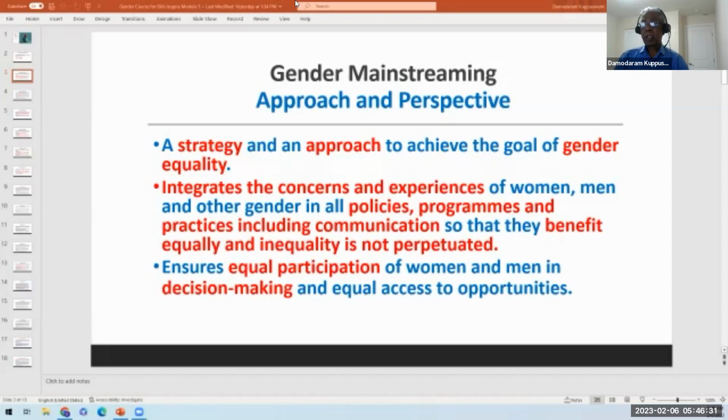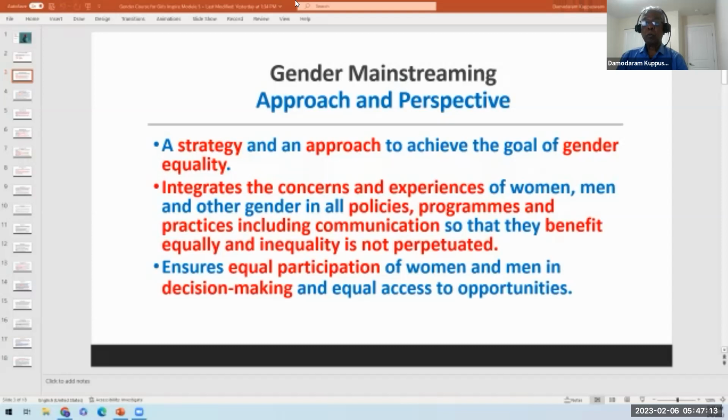So when we say mainstreaming, how do you consider women, men, and other genders in all your work? It could be policies, programs, or practices, and in particular the way we communicate, the words we use, the processes we include in all our systems. How are they integrating the needs of different genders, women, men, and other genders?